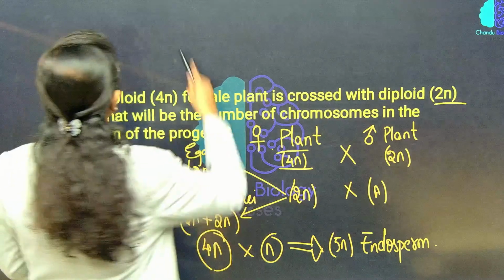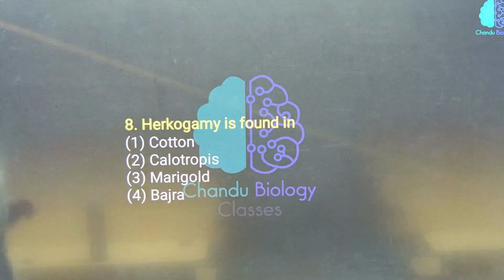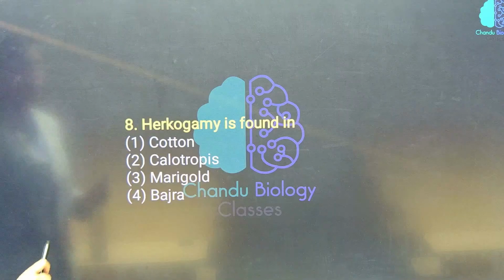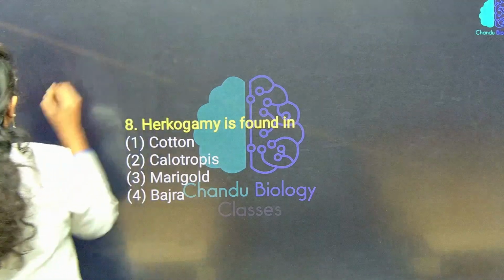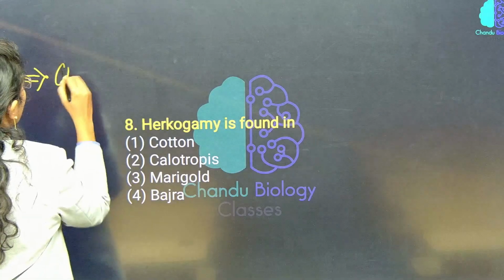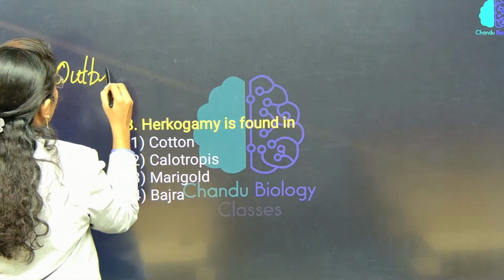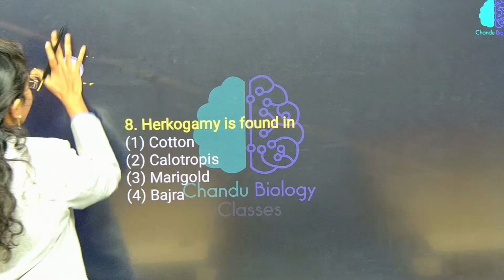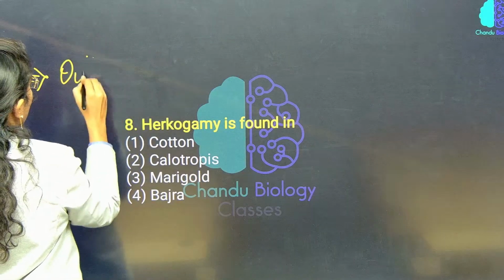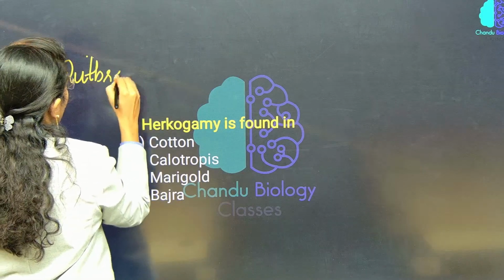Okay. And the next question, hercogamy. The question is from outbreeding devices.